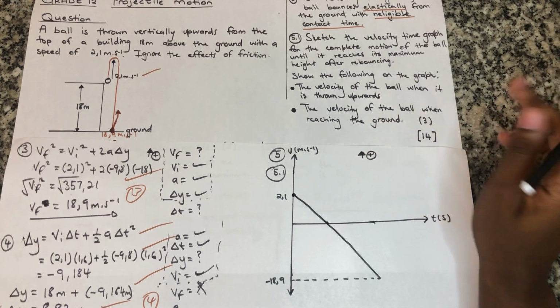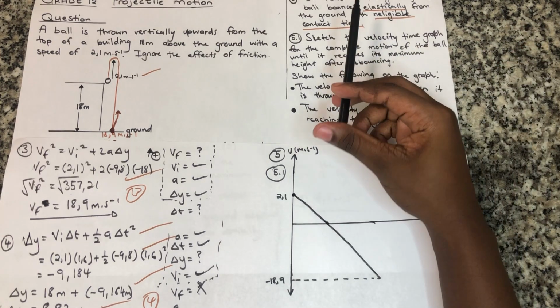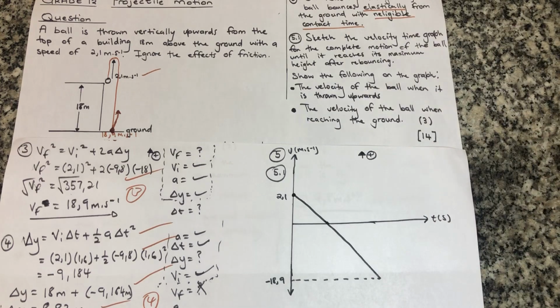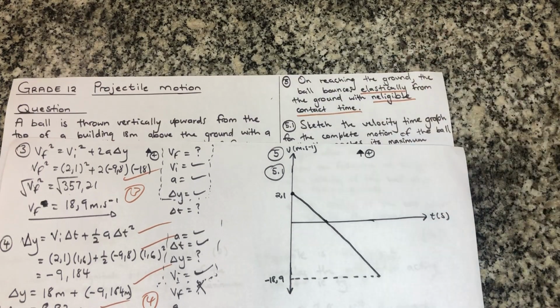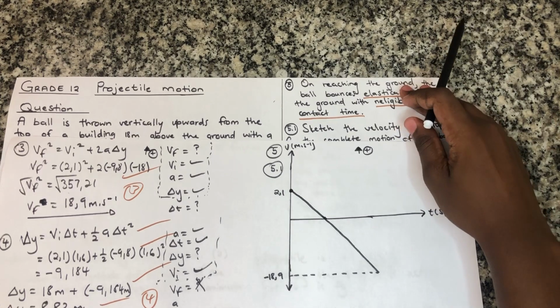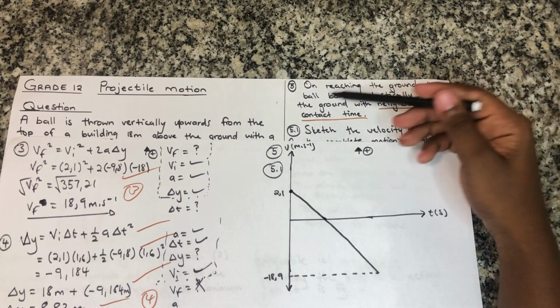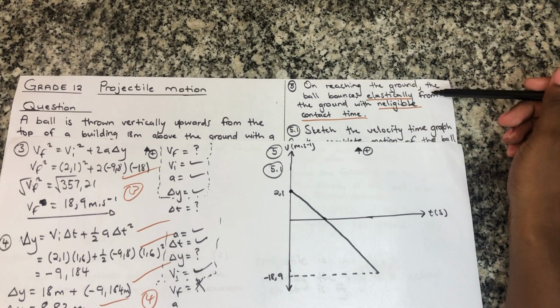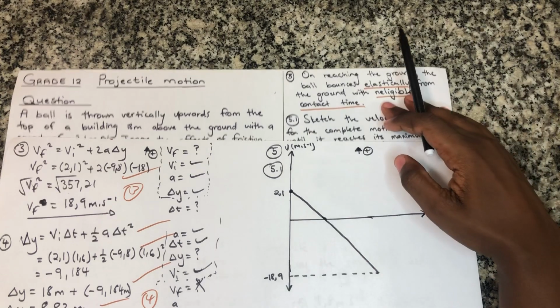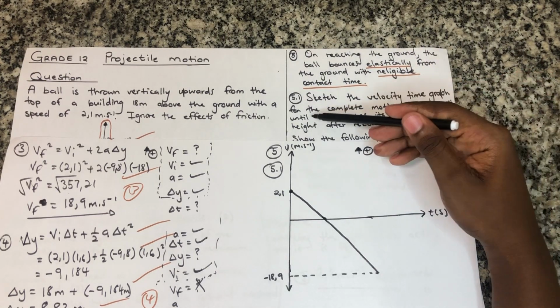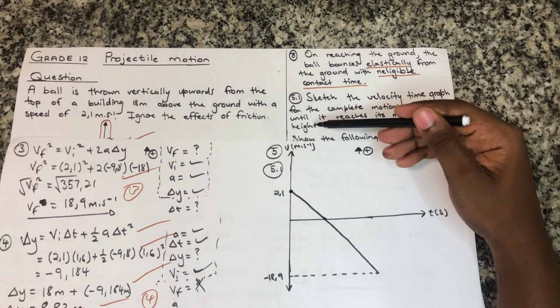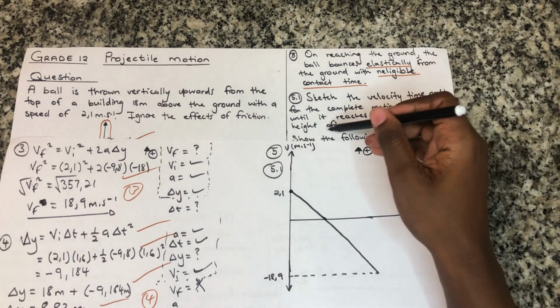But look now, it is stated here that on reaching the ground, the ball bounces elastically from the ground with negligible contact time. We have to sketch this graph for the motion of the ball until it reaches the maximum height after bouncing.